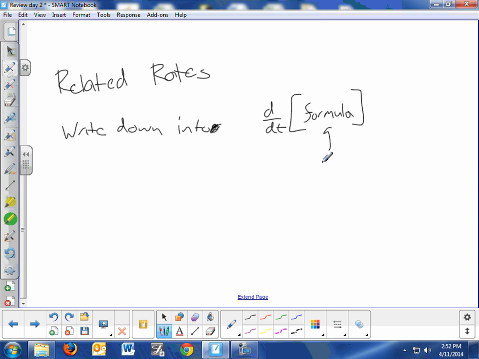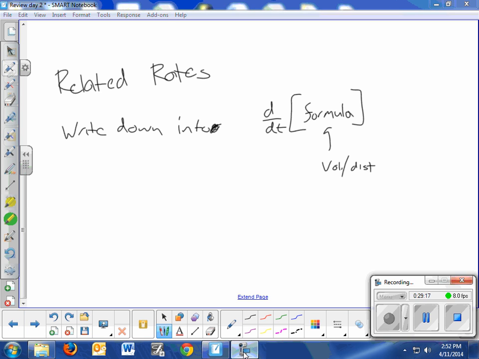Typically, it's like a volume. It could be a distance formula. We'll start doing some problems like that, reminding you of the problems that you've already done. And then you plug in your information and boom, you just solve. It's that simple, but it's usually not that simple. Anyways, great, that's it. That's part 2 of 3.